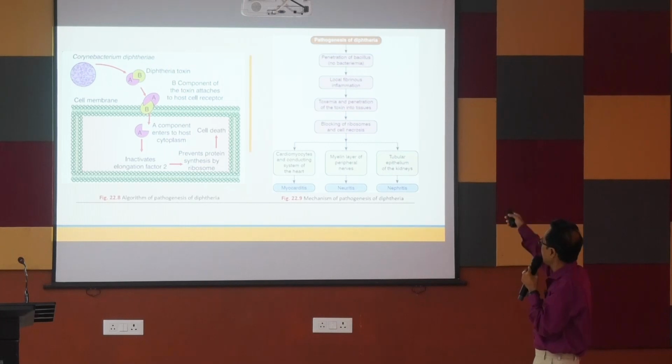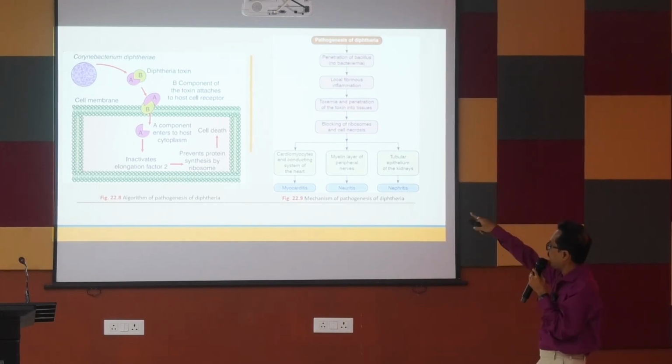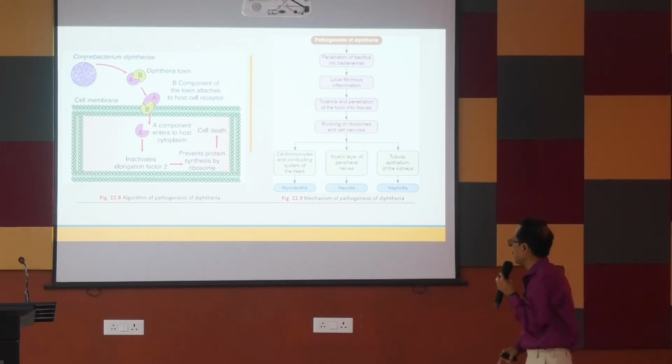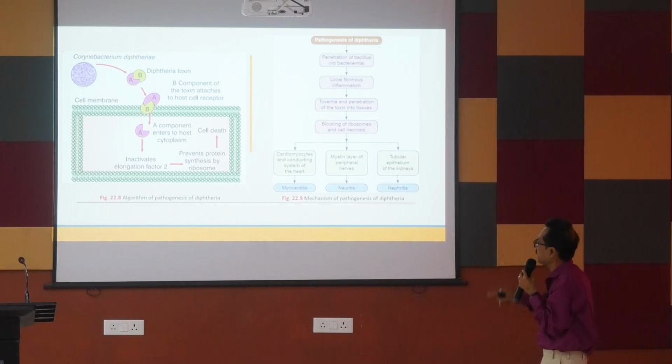It is the penetration of bacilli, no bacteremia, local fibrinous inflammation, toxemia and penetration of the toxin into the tissue, blocking of ribosomes and cell necrosis, and that leads to involvement of cardiac cells. It involves the myelin layer of the peripheral nerve and the tubular epithelium of the kidney. This is the pathogenesis in a single slide.